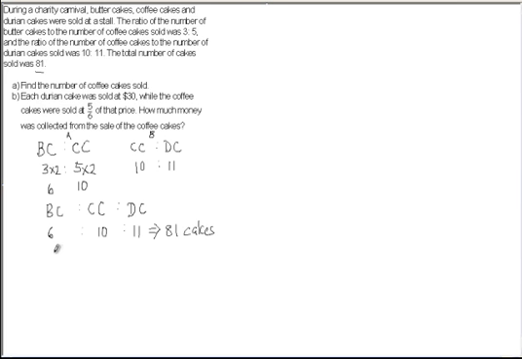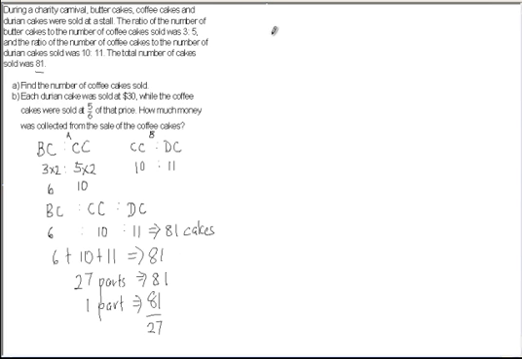Now if we add all the parts, we will get 27 parts, equal to 81 cakes. So one part is 81 divided by 27.